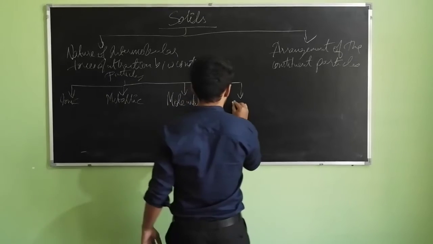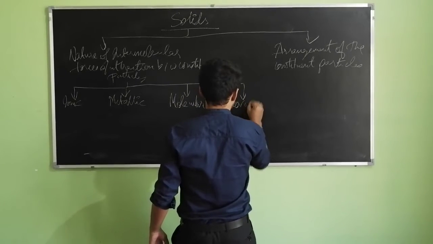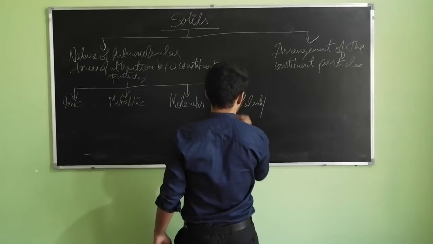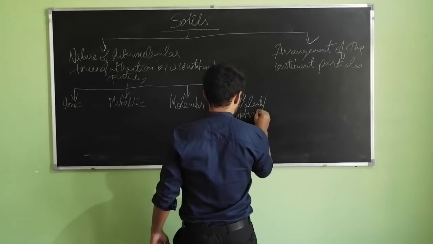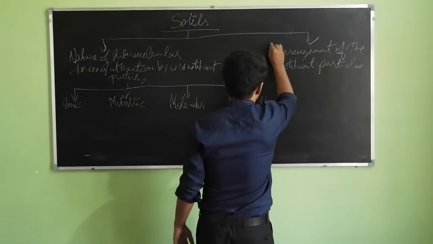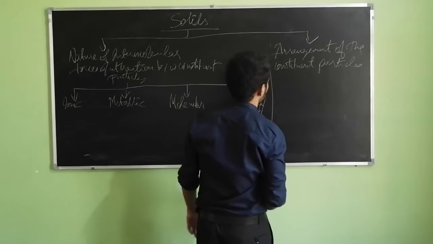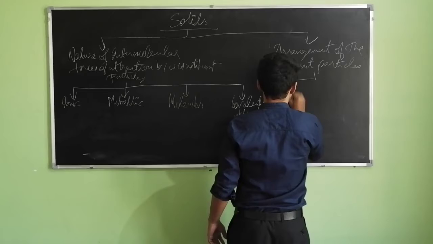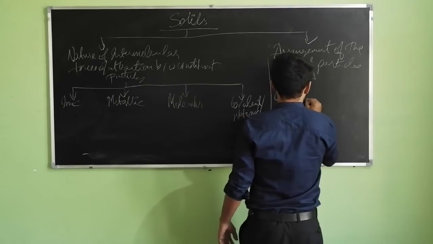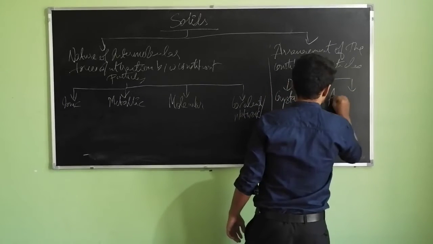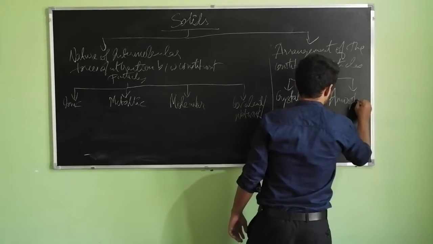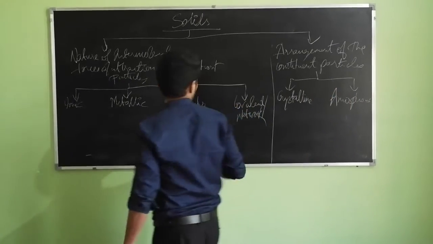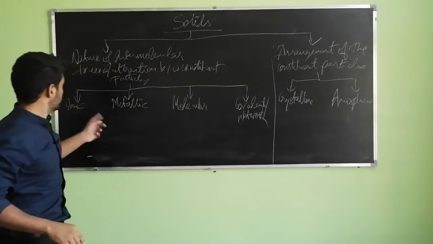And the last one that we have is covalent or network. And for this, let me draw a line here so that you have no confusion. So here we have crystalline, and the second classification is amorphous. Okay, so we'll study based on arrangement afterwards. So let us discuss this.